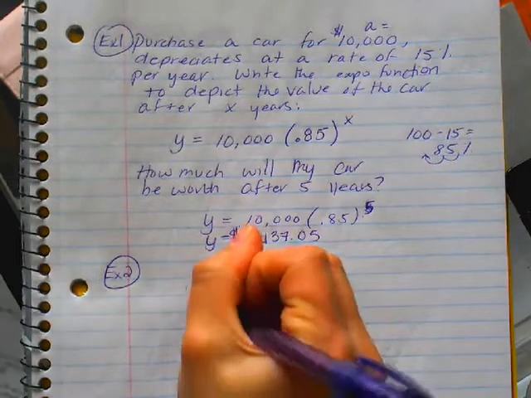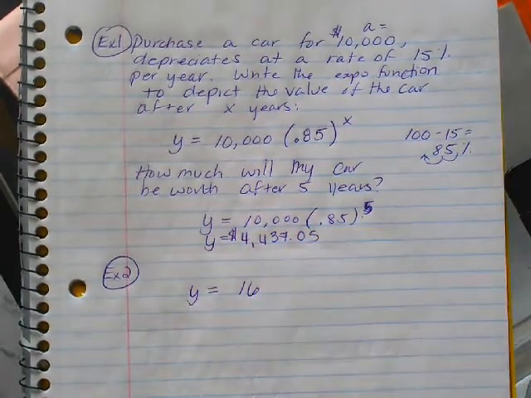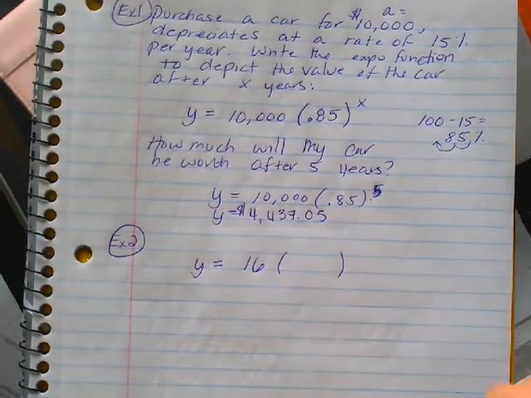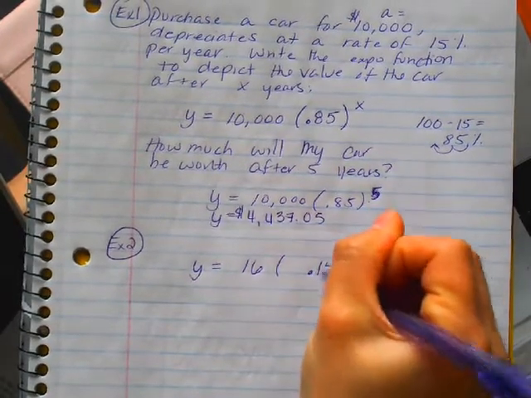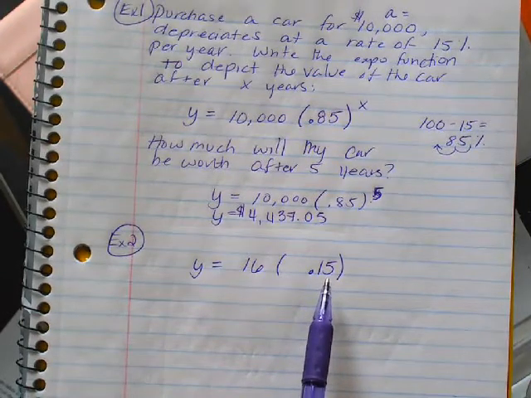So first thing we know is our initial value. It says that it's 16 centimeters at birth. It then says it grows at a rate of 15% each week. But if I put 15%, 0.15, here, remember, this is less than 1. That's depicting decay.